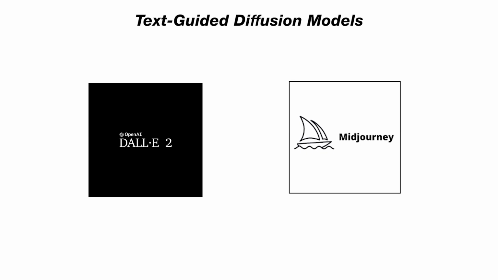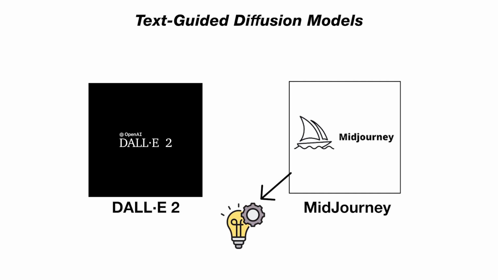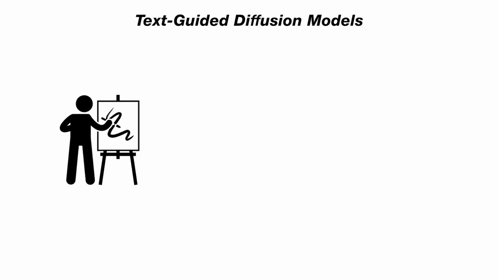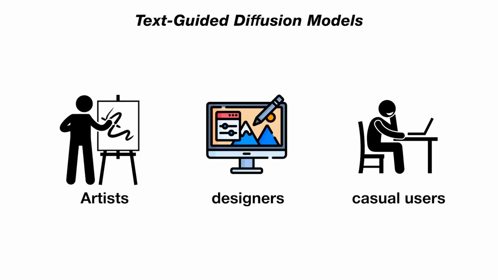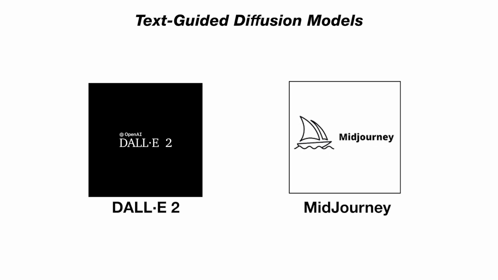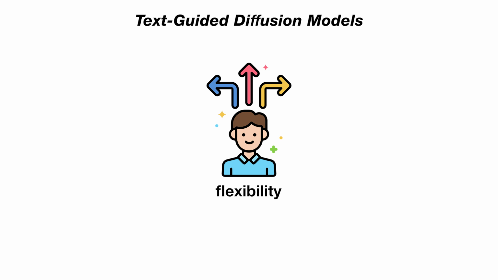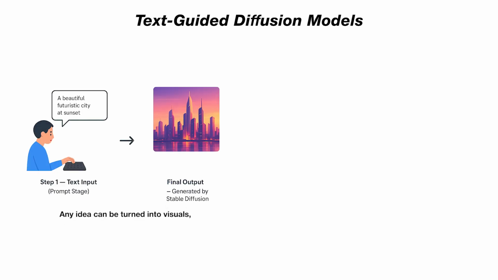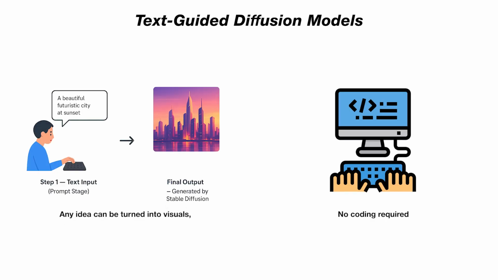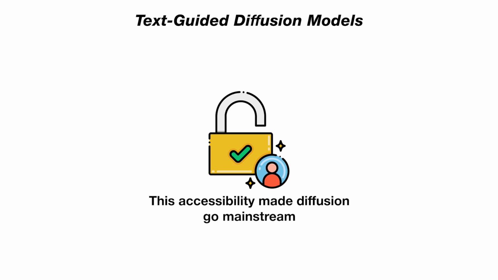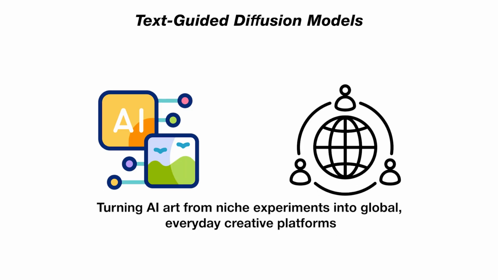The most famous examples are DALL-E 2 from OpenAI and Midjourney, which have transformed creative industries. Artists, designers, and casual users alike now have tools that respond to imagination instantly. The strength here is flexibility. Any idea can be turned into visuals, no coding required. This accessibility made diffusion go mainstream, turning AI art from niche experiments into global, everyday creative platforms.